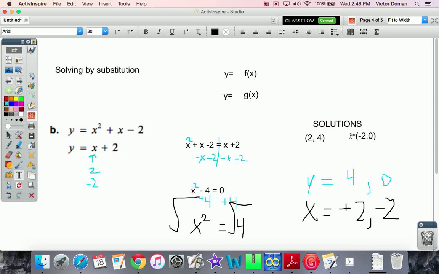I could double check that with the graph. Since it's in y equals form, I can't really argue that graphing wouldn't even be a better method in this case. But naturally, with solving by substitution, all you need to do is isolate one of the variables and then substitute it into the other equation.